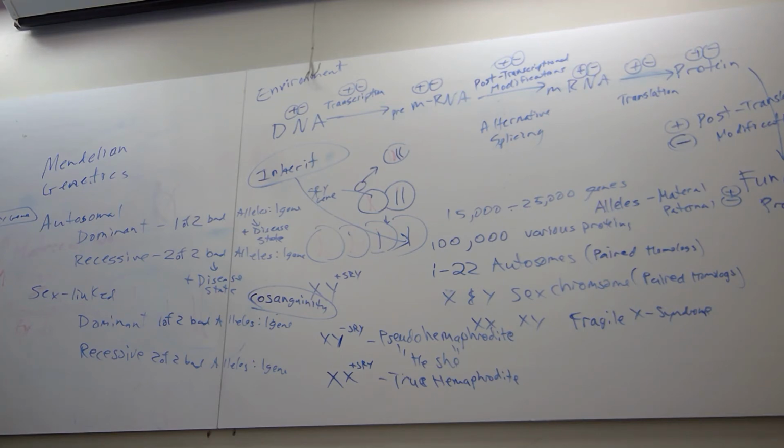Now it's true too that if the mother has a sex-linked dominant condition, she only needs one gene to have the disease, and she'll be affected. So when you look, you see the mother's affected or the father's affected, then you'll see it's different. So the idea here is to understand autosomal dominant, autosomal recessive, sex-linked dominant, sex-linked recessive. That's typically what Mendelian genetics is.